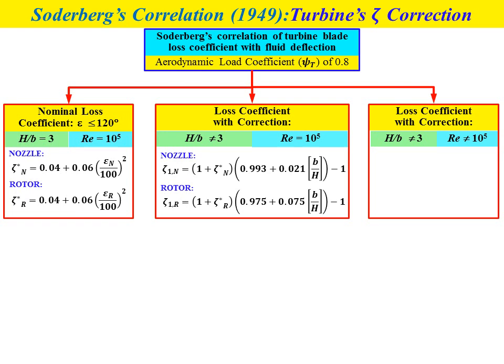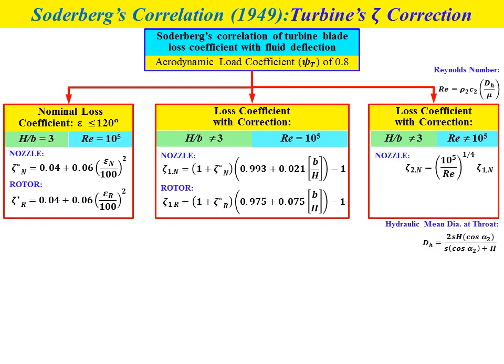The nozzle loss coefficient zeta 2n equals 10 to the power of 5 divided by Reynolds number to the power of 1 over 4, multiplied by zeta 1n, where Reynolds number equals rho 2 C2 dH divided by mu, the kinematic viscosity of the fluid, and dH equals 2 S H cos alpha 2 divided by S cos alpha 2 plus H. And for the rotor, zeta 2r equals 10 to the power of 5 divided by Reynolds number to the power of 1 over 4, multiplied by zeta 1r.